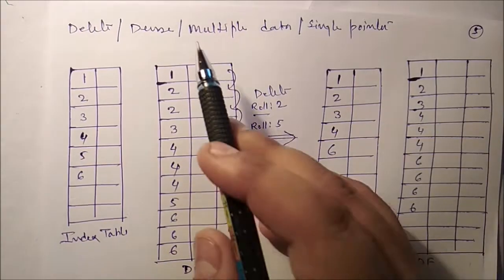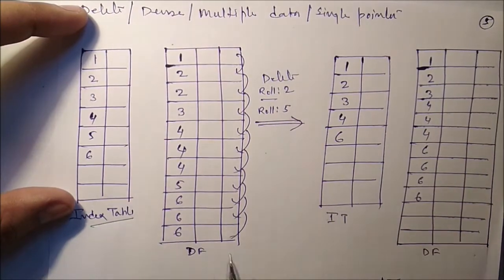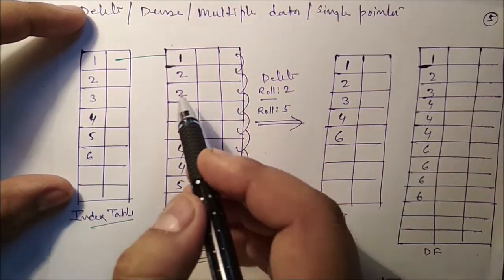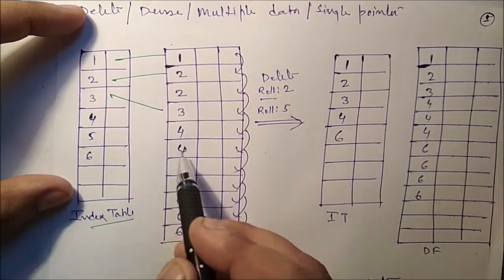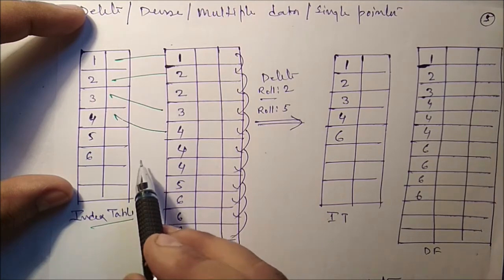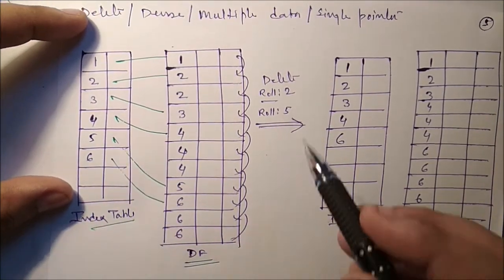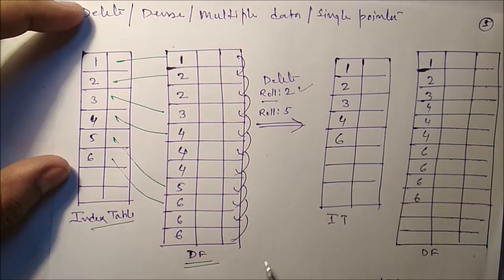Next is delete dense, multiple data, single pointer. This is our index table, this is our data file. Here we store the address of roll number 1, address of roll number 2, the first 2, address of roll number 3, address of roll number 4, address of roll number 5, address of roll number 6. Suppose we want to delete roll number 2.